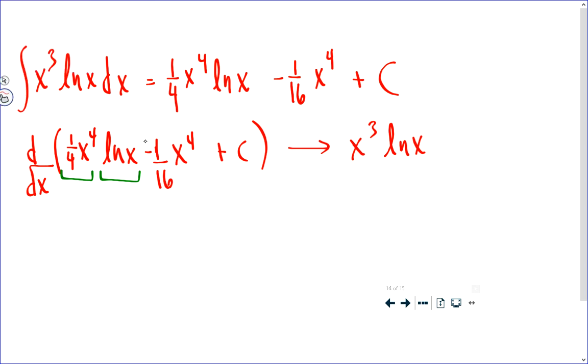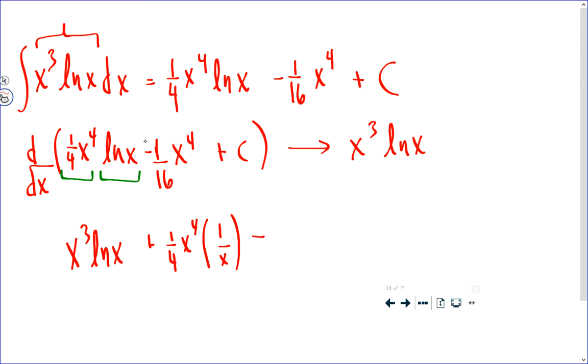The derivative of 1/4 x to the 4 is x cubed, multiplied by the second, which is ln x. By the way, that's what we want to get, right? That's our integrand. Then I have plus the first, which is 1/4 x to the 4, times the derivative of the second, which is 1 over x.